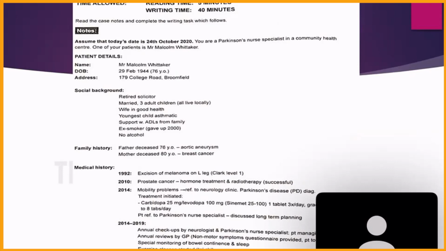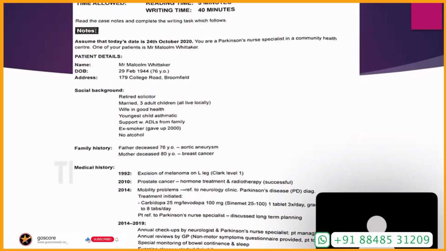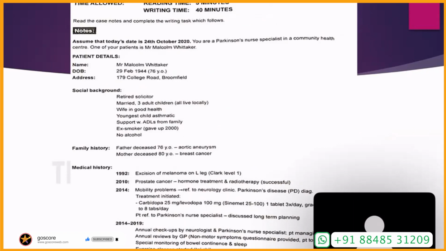Okay. Patient details. Name, Malcolm Whitaker. Date of birth, 29 February 1944, 76 years. Address, 179 College Road, Broomfield. Social background, retired solicitor, three adult children, all live locally.